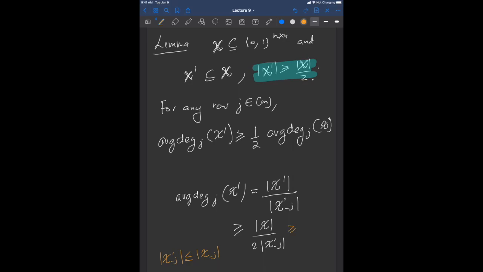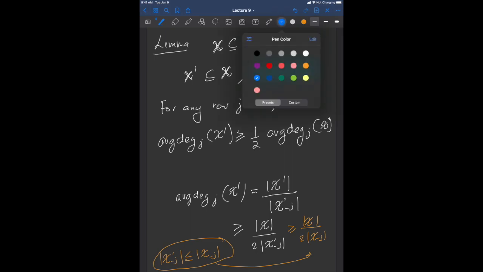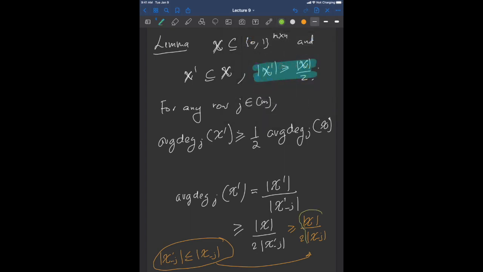So I can say that this is at least cardinality of x divided by 2 times cardinality of x minus j, just by this equation. And what is this? This is by definition the average degree j of x. So this completes the proof, because this quantity here is just this one, and the half gets carried over as well. This is this half.